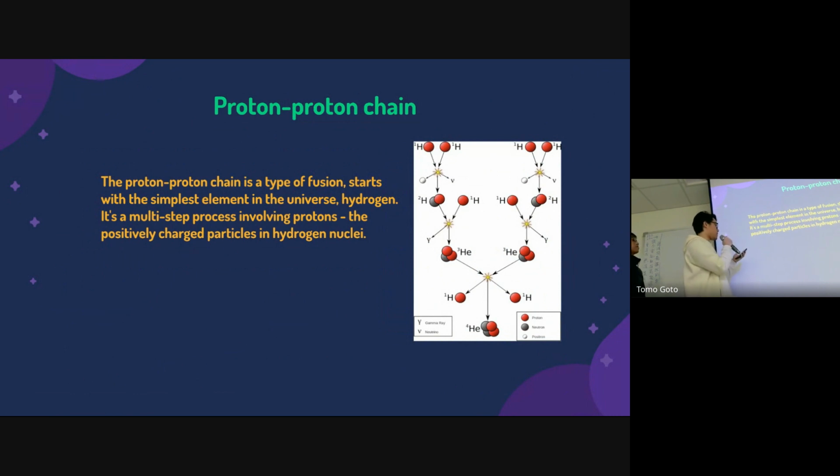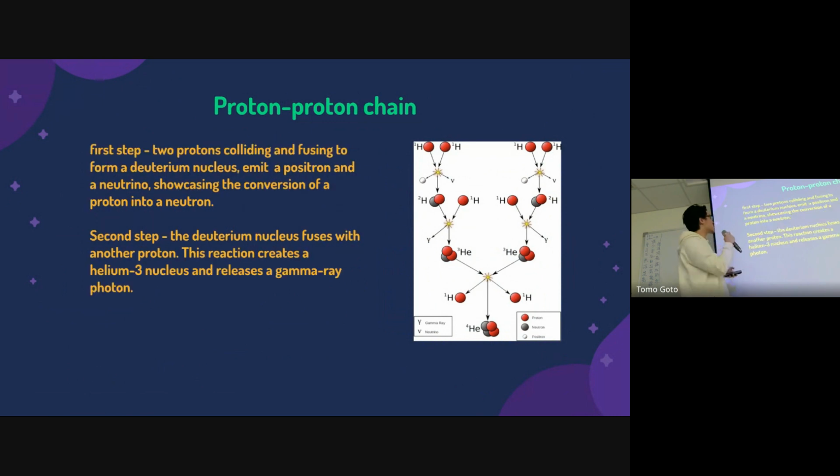It's a multi-step process involving protons, which are the positively charged particles in hydrogen nuclei. The first step is two protons colliding and fusing to form a deuterium nucleus, emitting a positron and a neutrino, which is shown here.